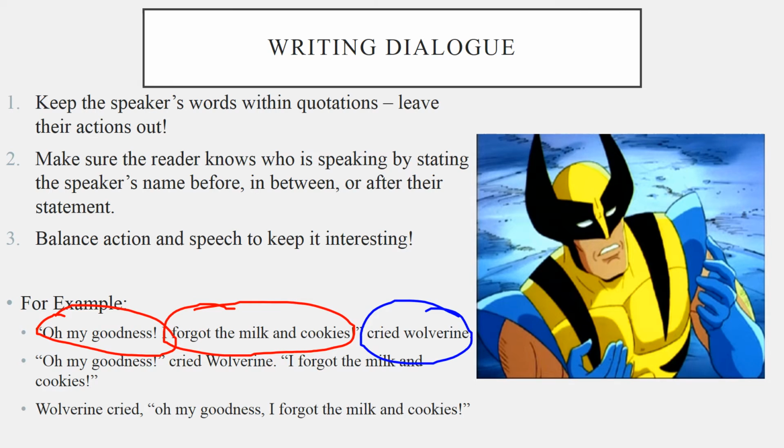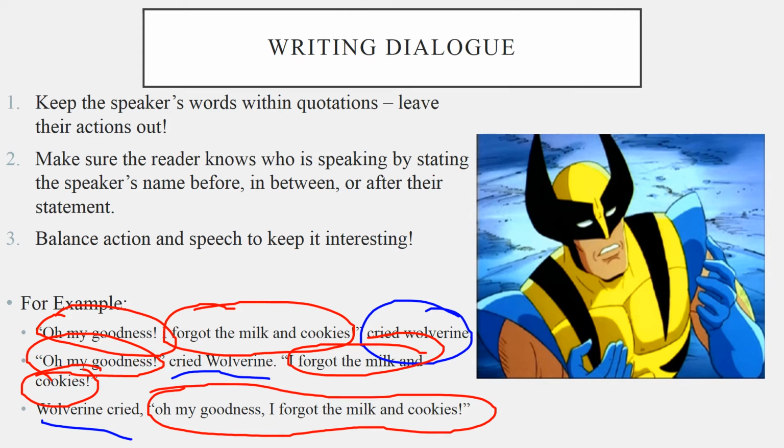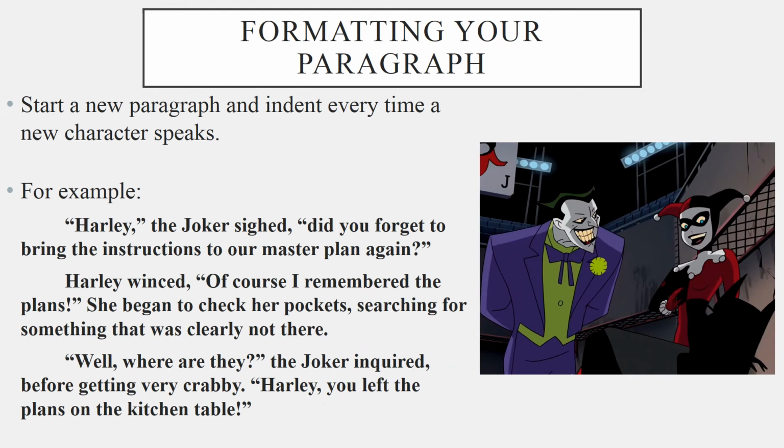So we have the speaker's name and what they said. "Oh my goodness," cried Wolverine, "I forgot the milk and cookies." Notice we made it before and after with Wolverine in the center. Wolverine cried, "Oh my goodness, I forgot the milk and cookies." Notice we mixed the action, but only the words that Wolverine said fit within the quotations.